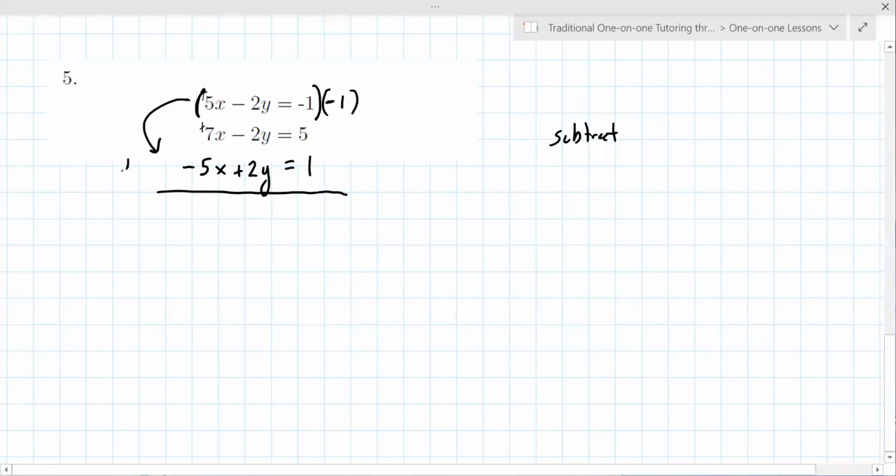You add them up, add them. Okay. So it's 7x minus 5x, that's 2x. The y's cancel, equals 6. Yeah, so x equals 3. And then you always want to go back to the original equation. So choose either equation, but I'd like you to solve for y for me, please.